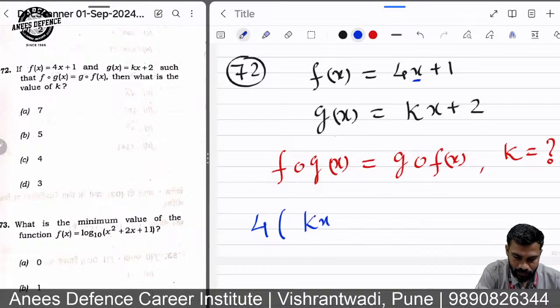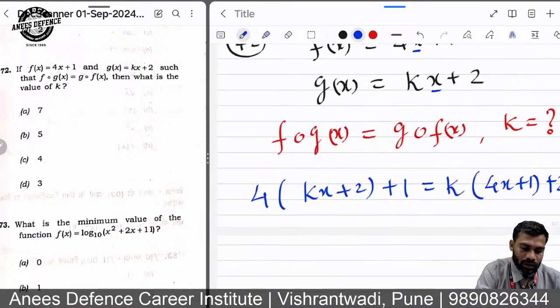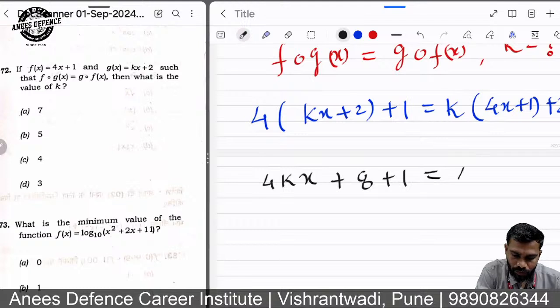kx plus 2, plus 1 is equal to, now here the main function is g. Now replace x by f of x. So that will give you k times 4x plus 1, plus 2. Now you need to just simplify this. So you will be getting 4kx plus 8 plus 1 is equal to 4kx plus k plus 2.